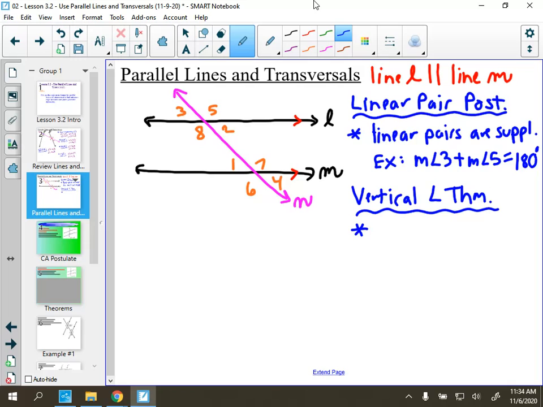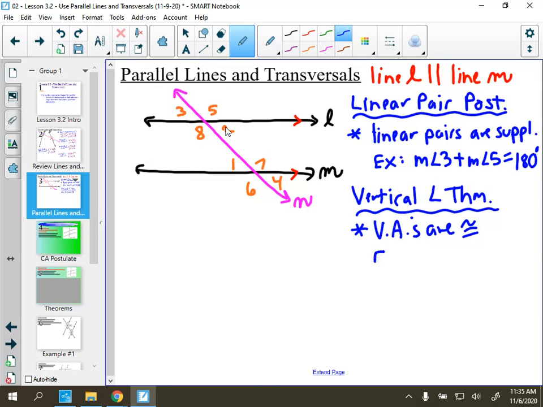Basically, it said, as one of our first theorems, that vertical angles are congruent. That's something that we should hopefully recognize here. So beyond just identifying, oh, hey, 3 and 2, yeah, those are vertical angles by definition, a property of vertical angles is that they're congruent.